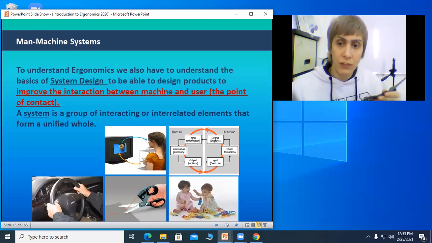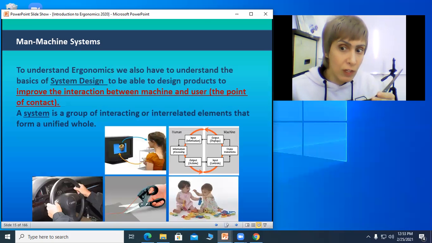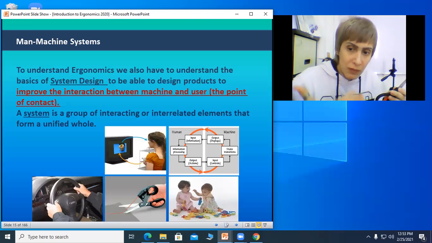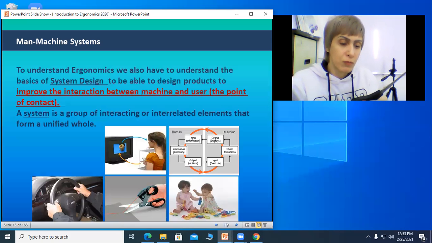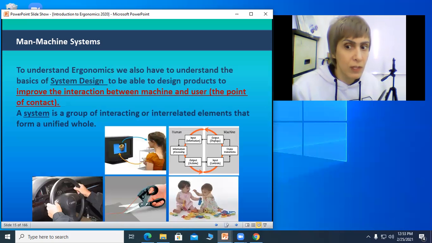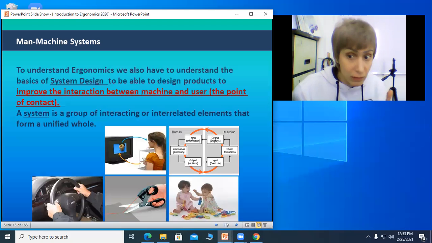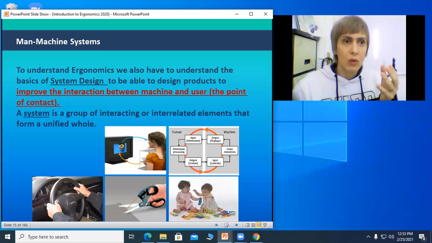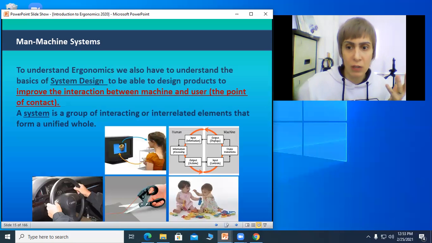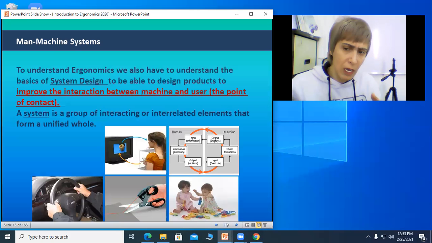So systems exist in ergonomics. The ergonomics is based on that. So if we don't understand what systems are, what their characteristics are, what their types are, we will have a little bit of difficulty understanding where we are and how to deal with these items.